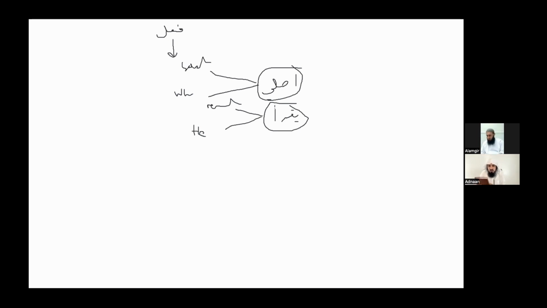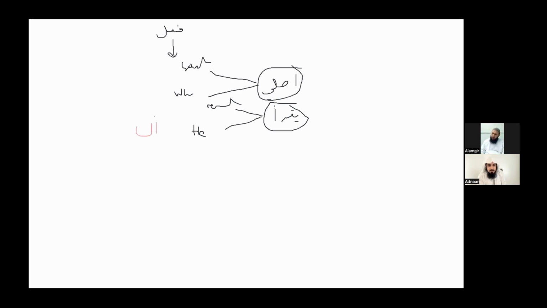You've got an action, you've got the doer of the action, and this person is carrying out the action on something. The action is falling onto somebody or something. Okay? So in this instance, if I'm reading a book, say, يقرأ, let me write in a different color here now. Al-kitaba. Right?